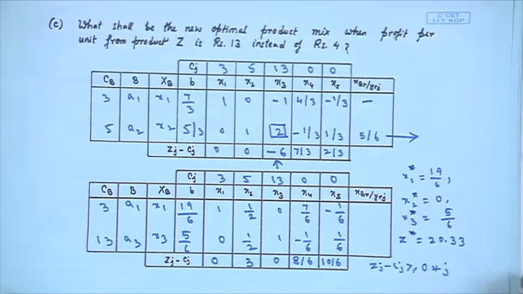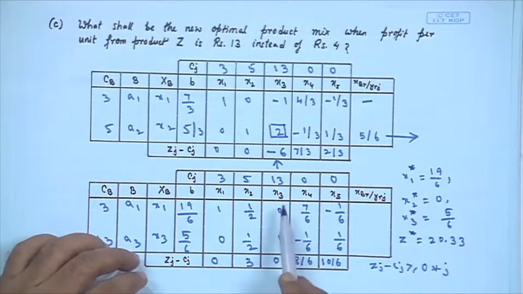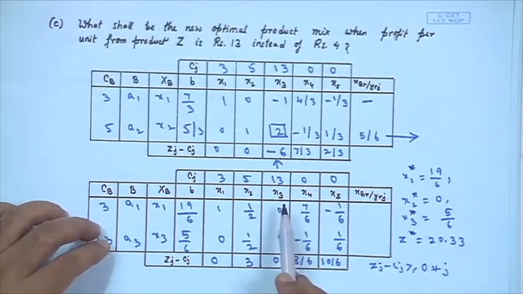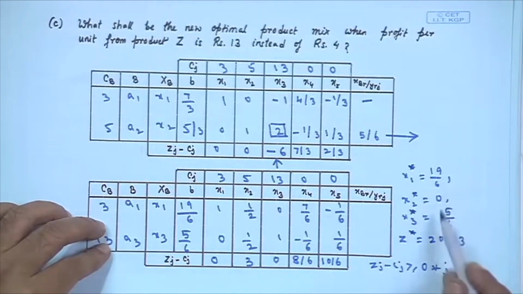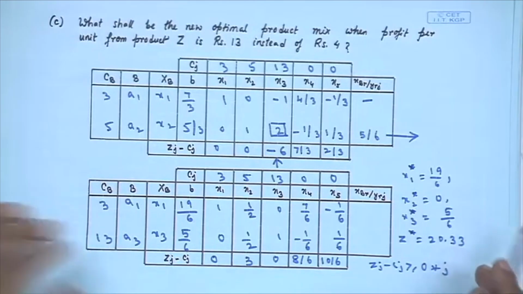So, obviously, whenever you have changed the unit price for product Z, that is corresponding to the variable x3, to 13 from 4, we are finding the optimal solution changes totally and the profit also has been increased in this case. So, this is the third one.